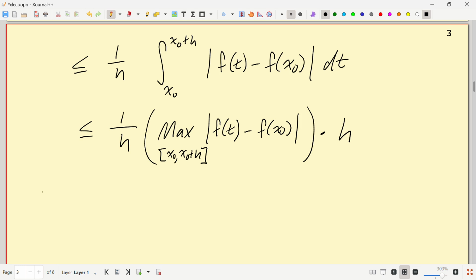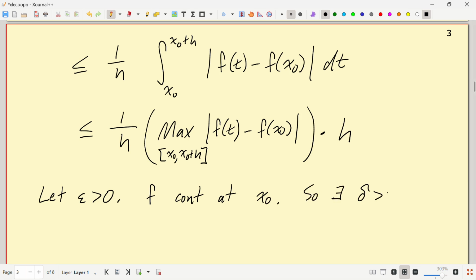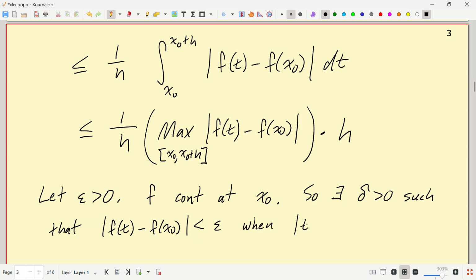I should have said this as the first sentence: let epsilon be bigger than 0. f is continuous at x naught, so there exists a delta such that |f of t minus f of x naught| is less than epsilon when |t minus x naught| is less than delta.